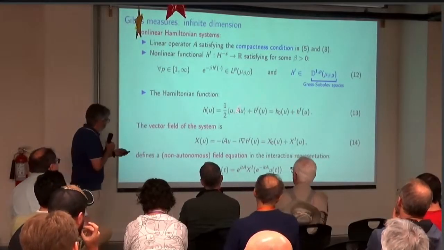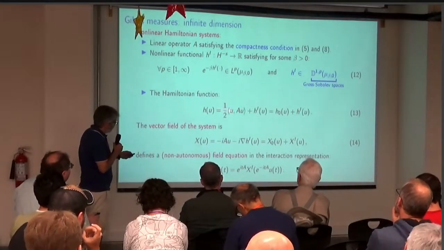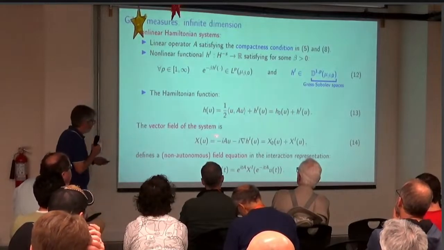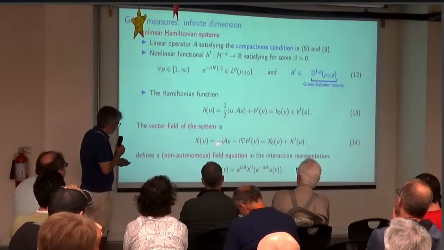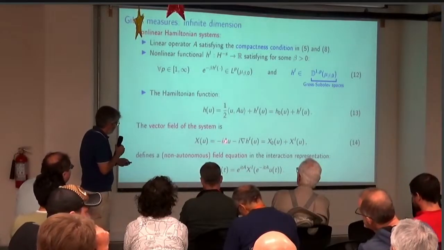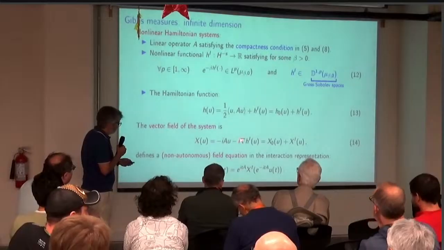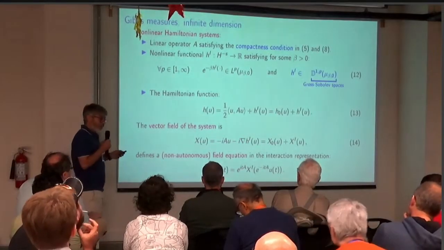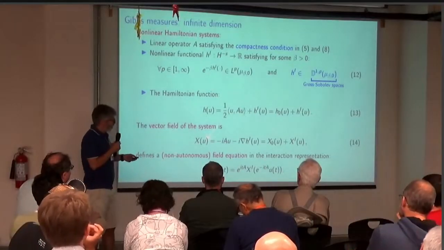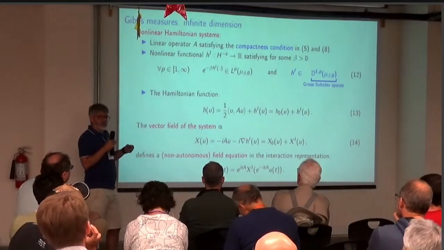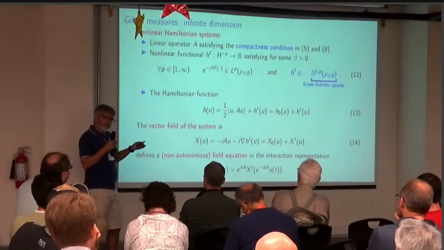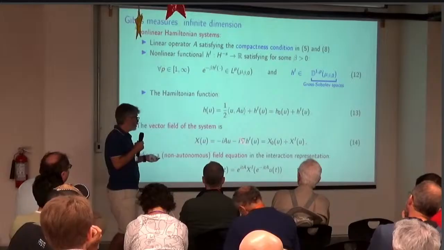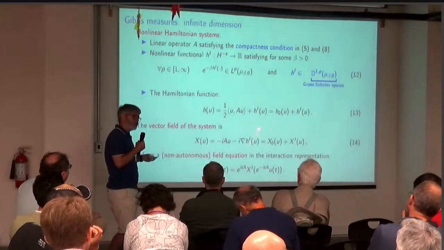The vector field is just the differentiation of these functions with respect to u bar. It gives you minus i times Au, and then you get the gradient of HE. Then there is a natural question: what exactly is the gradient of HE? Since HE is not totally smooth, it maybe doesn't make sense. That's why we need the Malliavin calculus to define this.